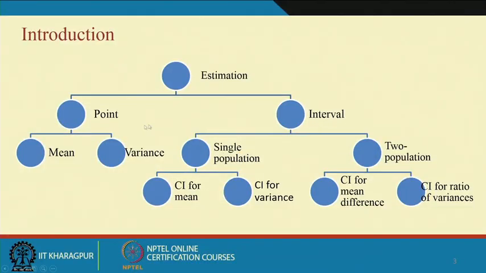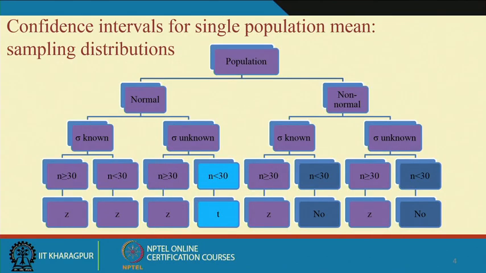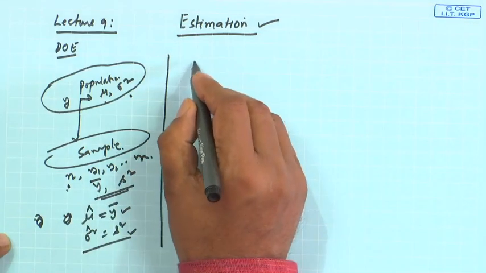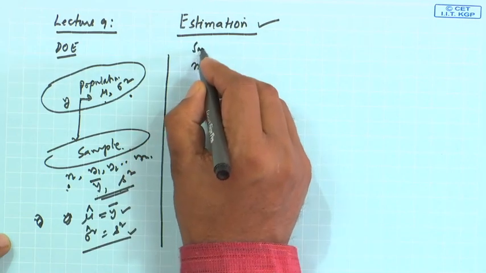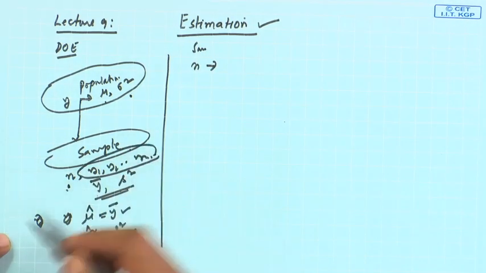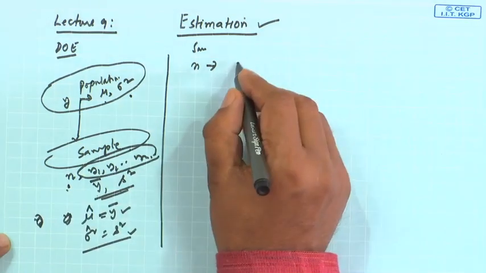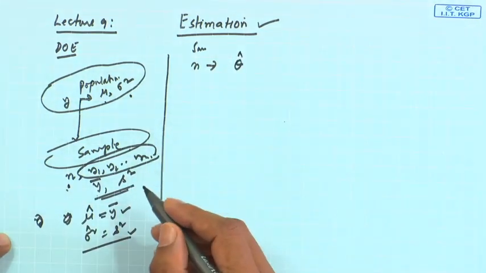So, under estimation there will be point and interval estimation, and interval estimation can be for a single population or for two populations. In this lecture we will be discussing confidence interval for mean and confidence interval for variance for single and double populations. For the single population part, you have n number of sample data, y1 to yn, and then you calculate a statistic theta cap.